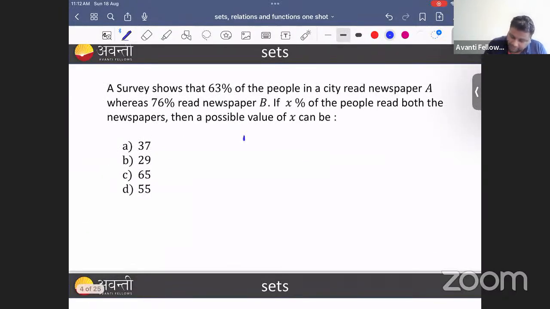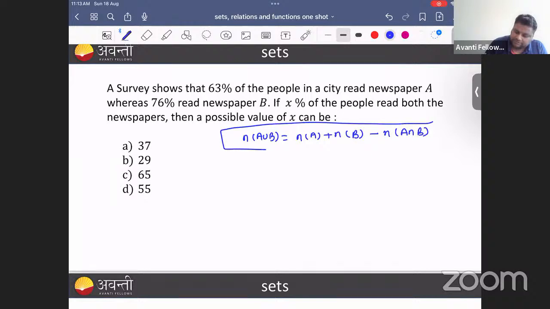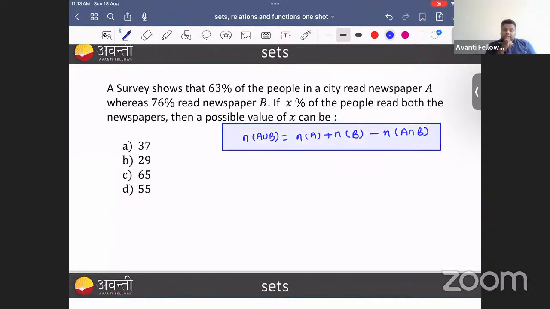If you remember, the number of elements in A union B is the number of elements in set A plus the number of elements in set B minus the number of elements in A intersection B. Got it? Now they are saying the survey shows that 63% of people in the city read newspaper A, 76% read newspaper B, and X% of the people read both the newspapers. Possible values of X can be.